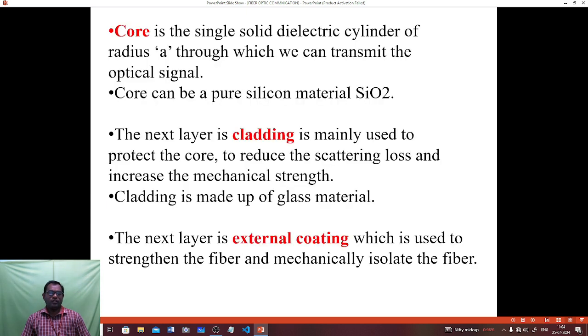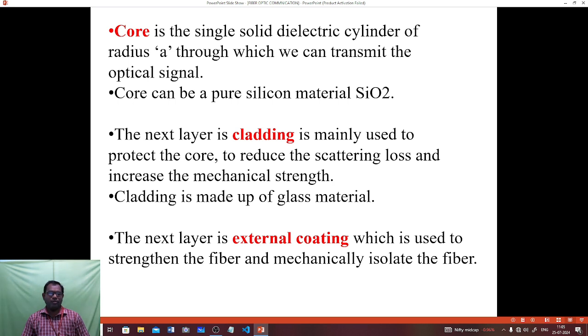The core is a single solid dielectric cylinder of radius a through which we can transmit the optical signal. The core can be a pure silicon material, SiO2. Silicon we know is a pure semiconductor, and SiO2 is silicon dioxide. The next layer is the cladding, mainly used to protect the core, reduce the scattering loss and increase the mechanical strength of the optical fiber.